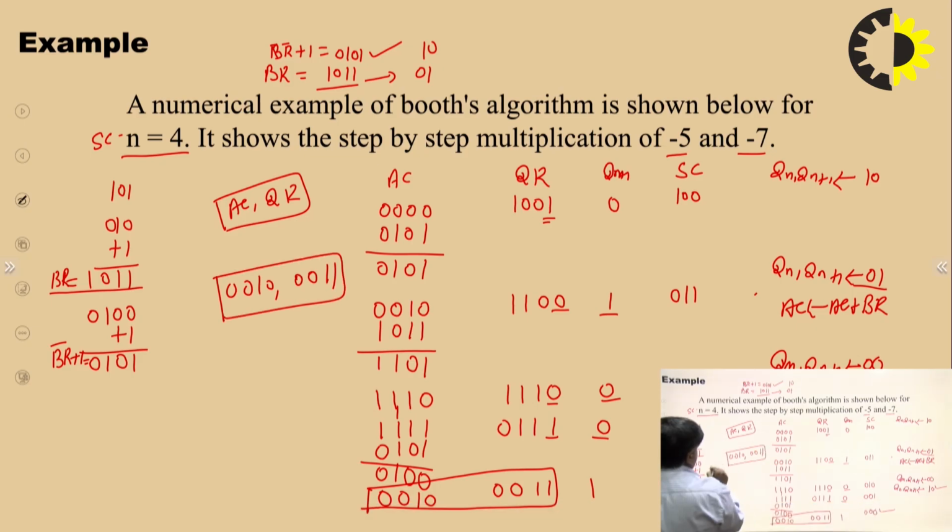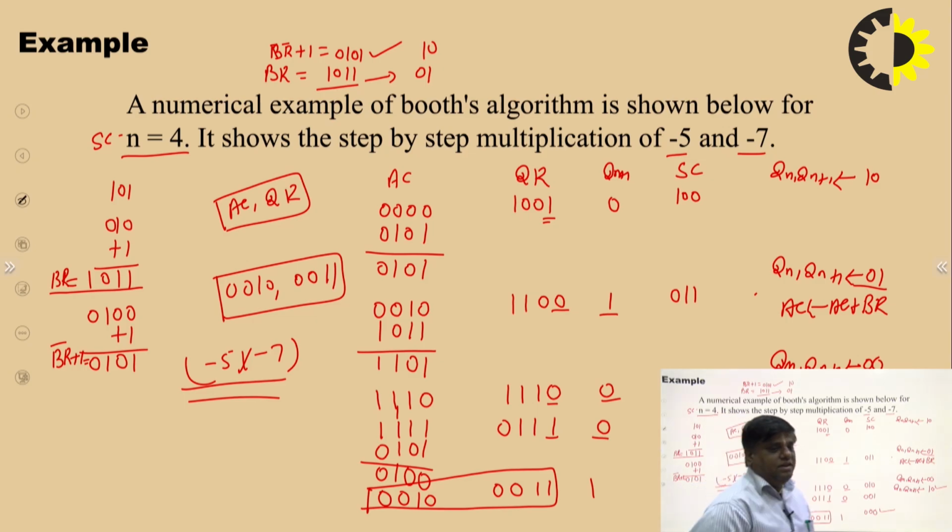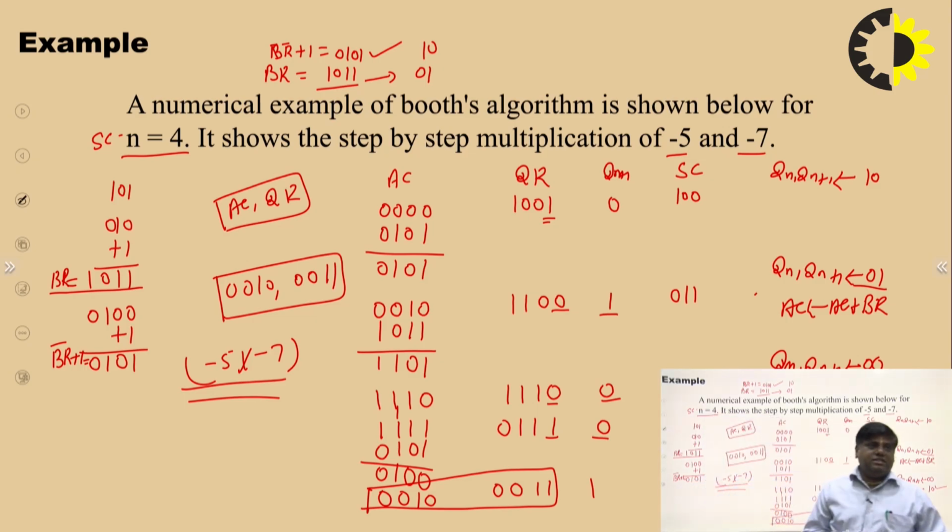This is our final result, that is minus 7 multiplied by minus 5. Now this one is the 35 answer, and you can check the answer. Now this is a very simple example of the Booth multiplication algorithm, and we take another example for a better understanding of the Booth algorithm.